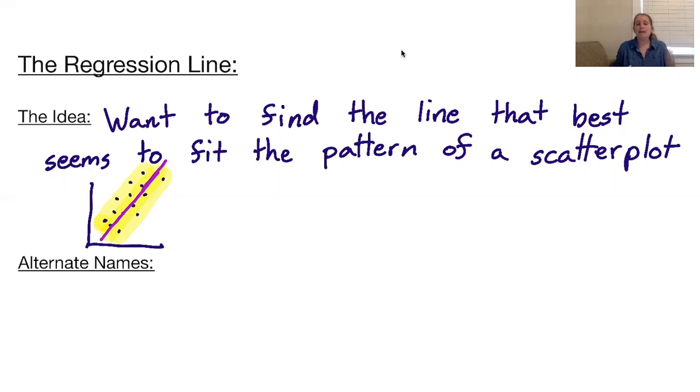So the line that best fits a scatter plot doesn't have to go through any of the points on the scatter plot, or it doesn't have to have any of the points actually on the line, but it does show us the general trend that's going on in that band. So this is the regression line.